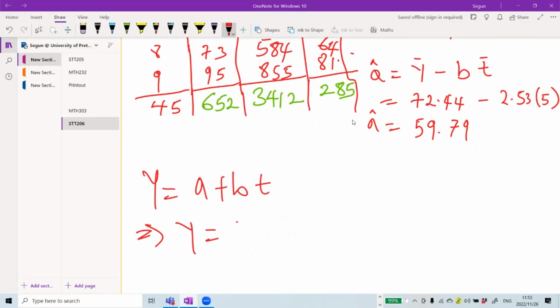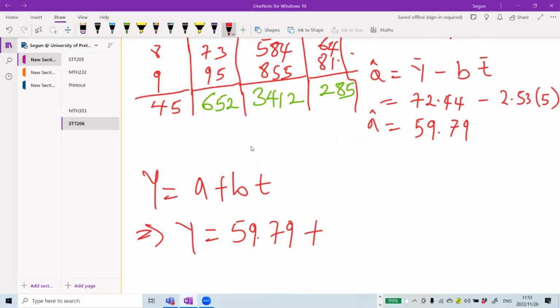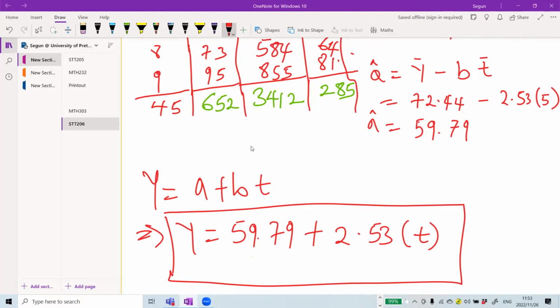Our A is 59.79 plus, what is your B? 2.53. You can get negative at times. Please don't be afraid, it's still the answer. 2.53 in bracket T. So if they now ask you to forecast, this is the model you will use.